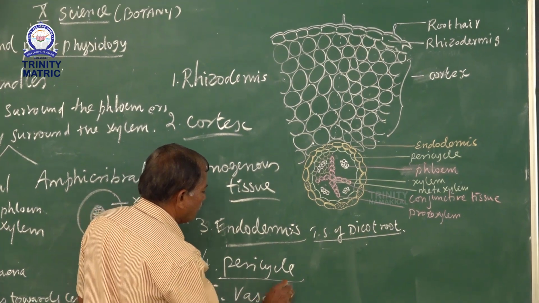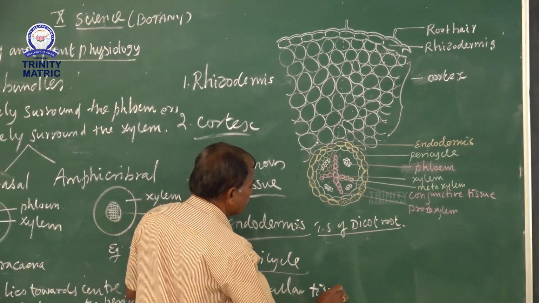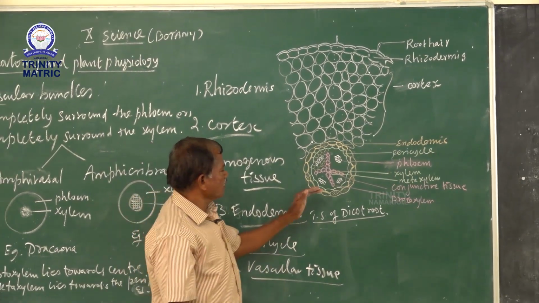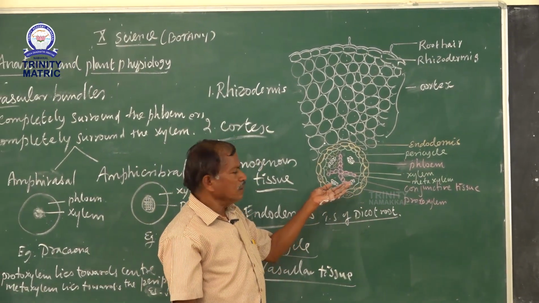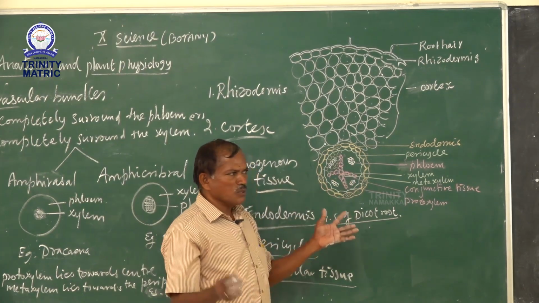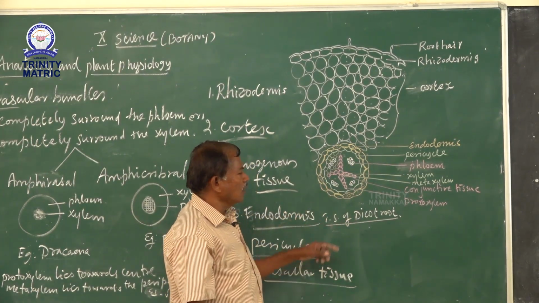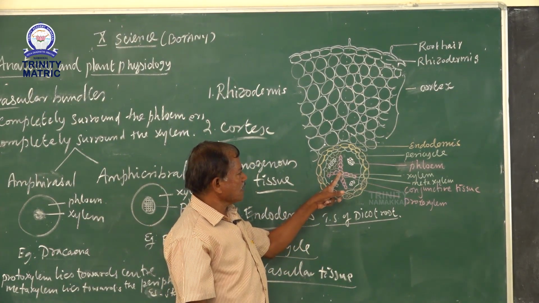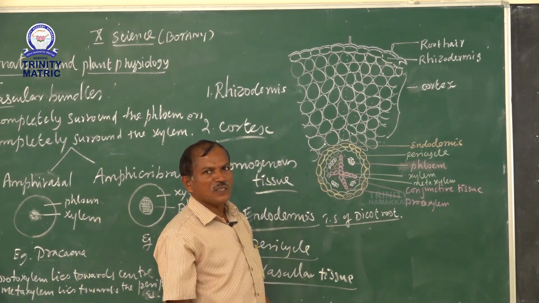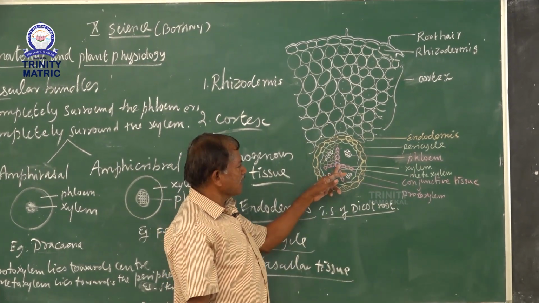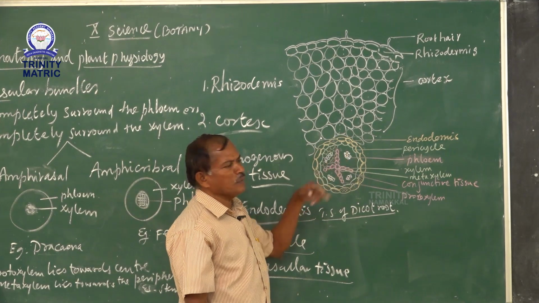As I already told, xylem and phloem together constitute the vascular bundle. Xylem conducts water, phloem conducts food material.